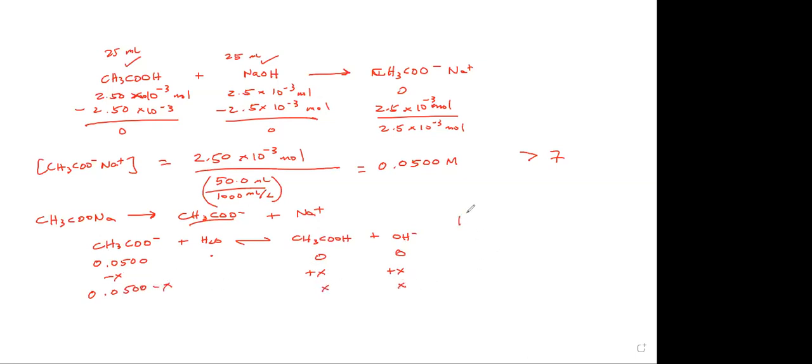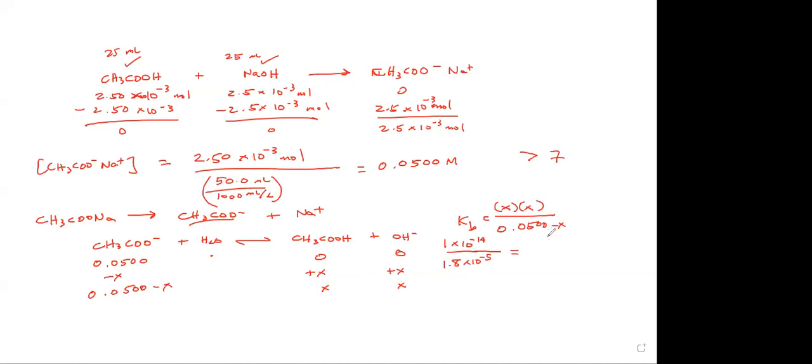So what K do you have here, Ka or Kb? It's Kb. And then you have X times X over 0.05 minus X. So the Kb, where do you get it? 1 times 10 to the negative 14 divided by 1.8 times 10 to the negative 5, because you don't have the given Kb, but you have the Ka of your acetic acid.